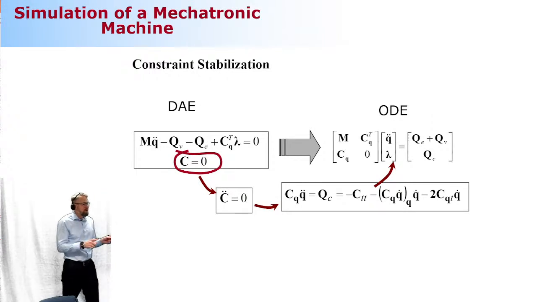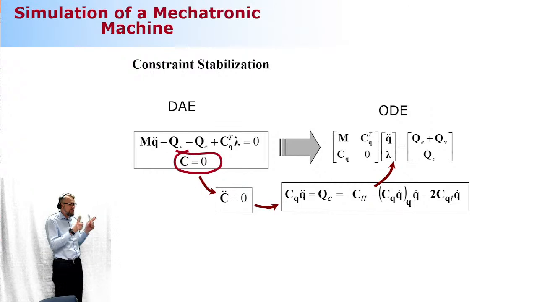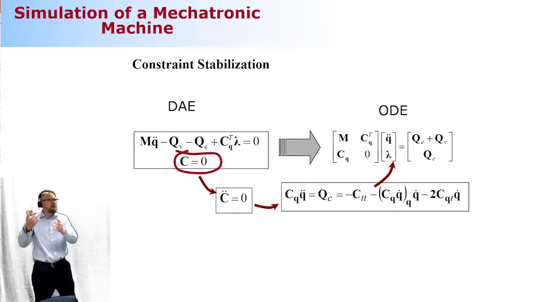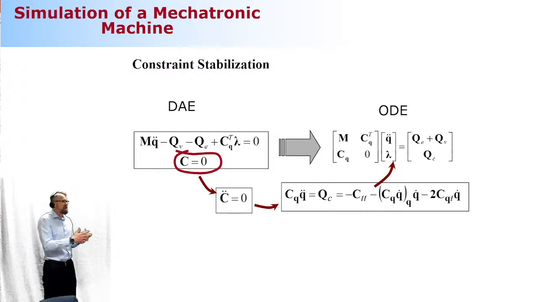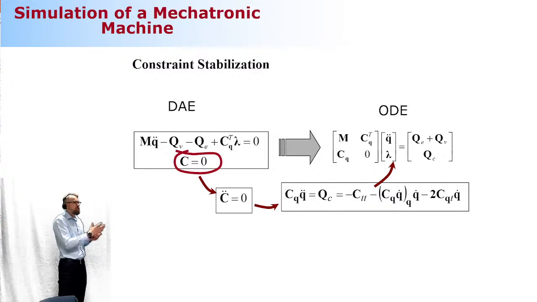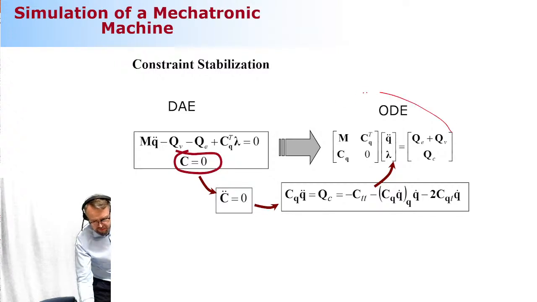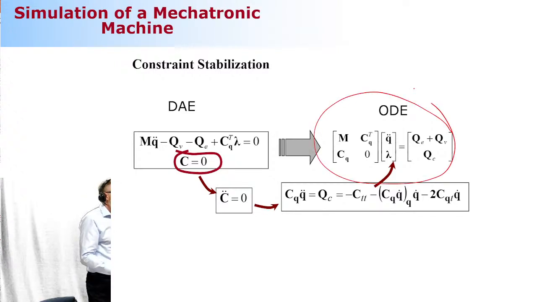What went wrong here is this. When we converted the equation from a set of differential algebraic equations to an ordinary differential equation, we did that by differentiating the constraints twice with respect to time. So the constraints are fulfilled only at the acceleration level.